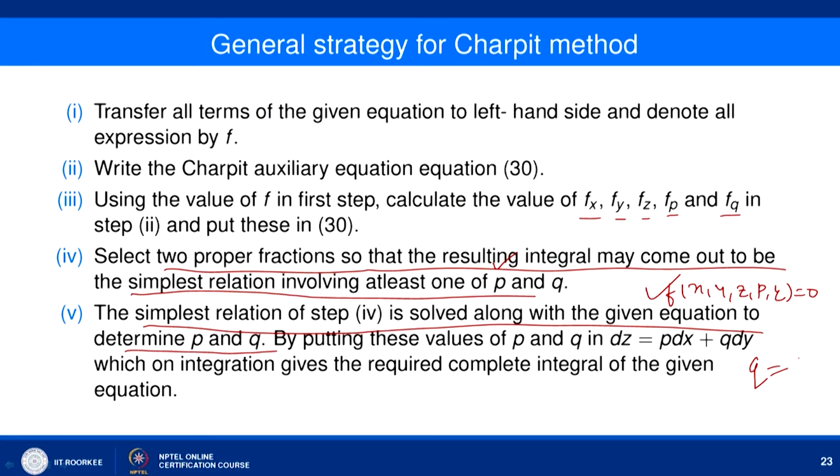In this way we are able to find both p and q, and once we have the values of p and q, put them in dz equal to p dx plus q dy and solve for the integral, and in this way we find the integral, which is the required complete integral of the equation f(x, y, z, p, q) equal to 0. This is the method which we follow, and we will find the complete integral.